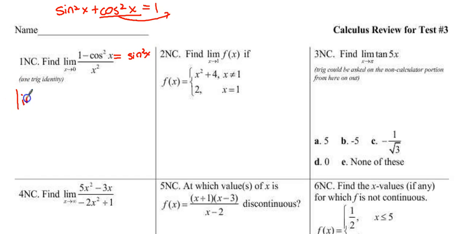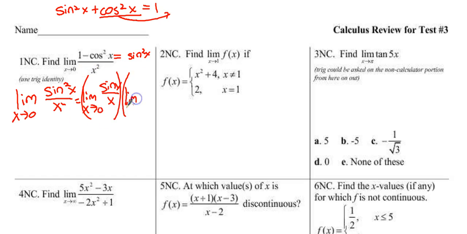So this right now is the limit as x goes to 0 of sine squared x over x squared, which could be rewritten as the limit as x goes to 0 of sine of x over x times the exact same limit as x goes to 0 of sine of x over x. That would be sine squared and x squared. So we know this limit. Well, that's 1. And we know that limit's 1. 1 times 1, we get our answer of 1.